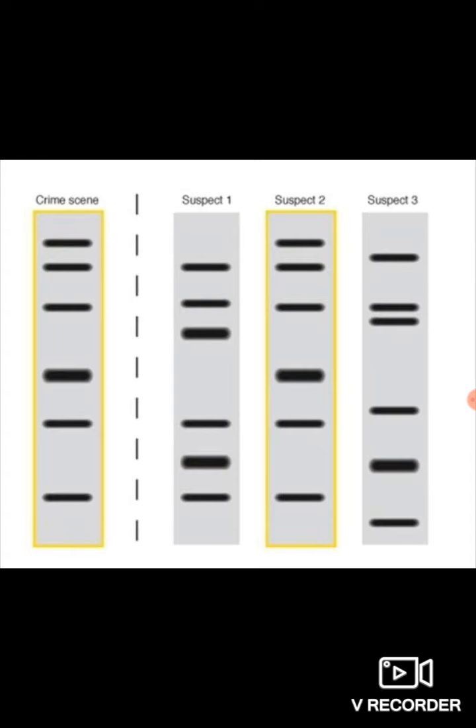In criminal cases we can find blood samples, semen samples, hair, or any other items from our body. So if it is found at the site of a crime, it provides biological evidence through DNA fingerprinting.